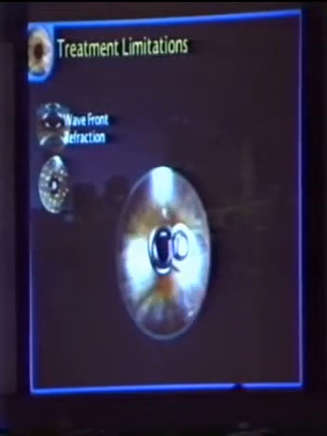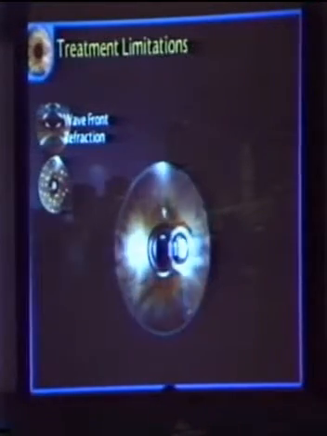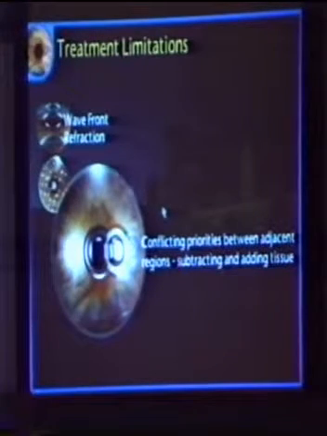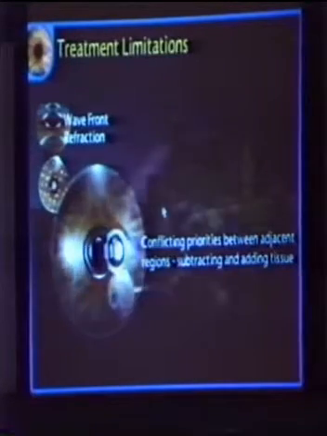And when it looks at these aberrations within the eye, it actually can sometimes get conflicts between hyperopic errors within the system that might be adjacent, or hyperopic and myopic errors, that in the end we can end up sometimes with conflicting priorities between the adjacent regions and asking for subtracting and adding tissue in the same region.